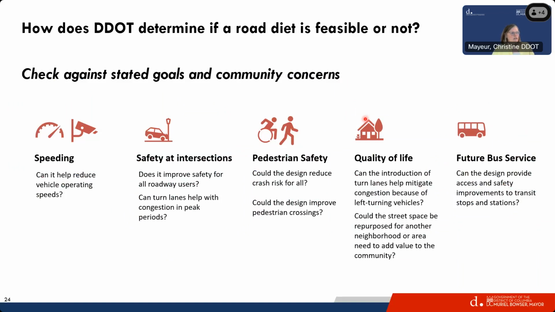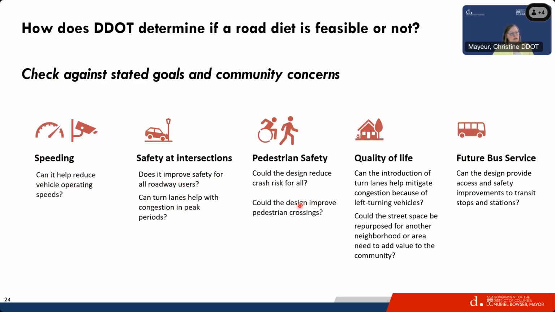Then we check against the stated community goals. Can this project help address and reduce operating speeds for vehicles? Can we reduce speeding? Safety at intersections. Can the turn lanes help congestion in peak periods by providing people a space to turn? Can it improve safety for all roadway users?